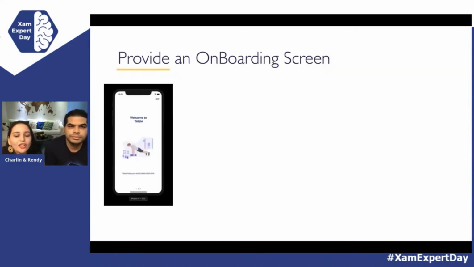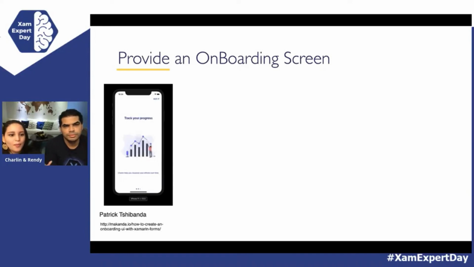Yeah, also another important thing is to provide an onboarding screen. It doesn't apply to all the applications. I can say a simple application probably won't need it. But if you have an application where it is important that you explain some things, the onboarding screen is important. And there are some ways that you can do it. So Patrick, I won't try to pronounce his last name, but I think it's Shivanda, wrote an article about it a time ago, and he's basically showing a carousel view with images and text.